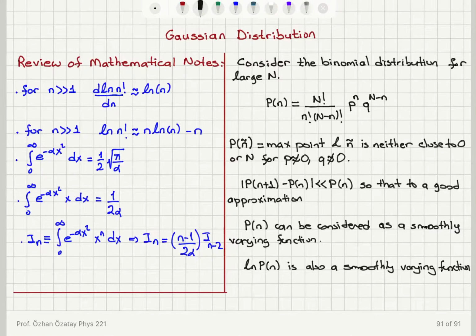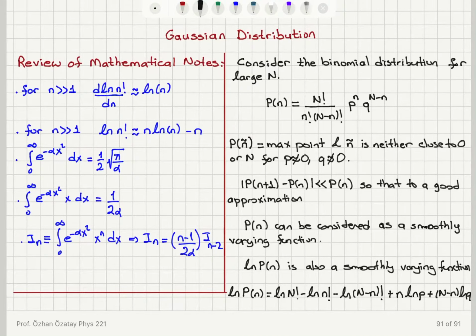Okay, now if I take the natural logarithm of the binomial distribution, natural logarithm of P of n, using the properties of the logarithm, it's going to be the natural logarithm of capital N factorial minus the natural logarithm of n factorial minus the natural logarithm of capital N minus n factorial plus n times the natural logarithm of p plus capital N minus n times the natural logarithm of q.